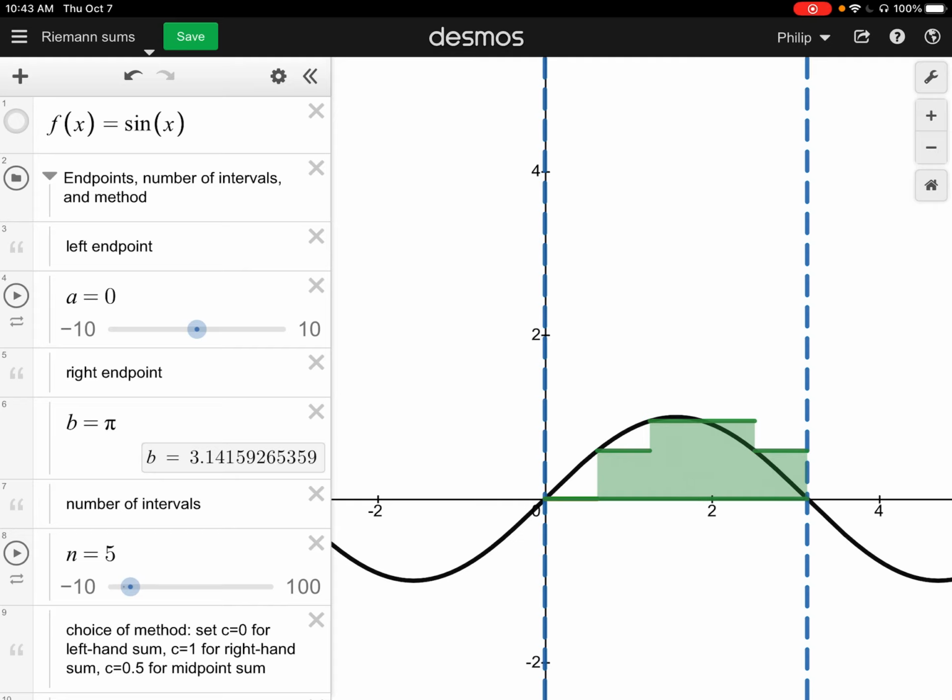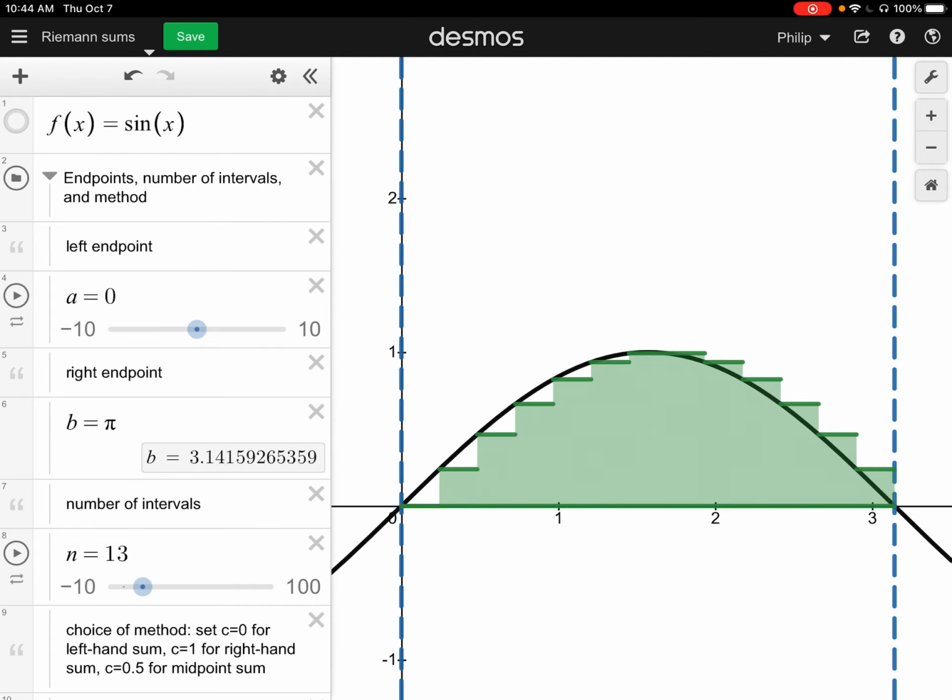Can you think of a way that we might be able to better this approximation here? Hopefully you might stumble upon the answer: if we increase the number of rectangles, that is to say, we take our entire interval and divide it by an increased number n, then each one of our rectangles is getting skinnier and skinnier, right?